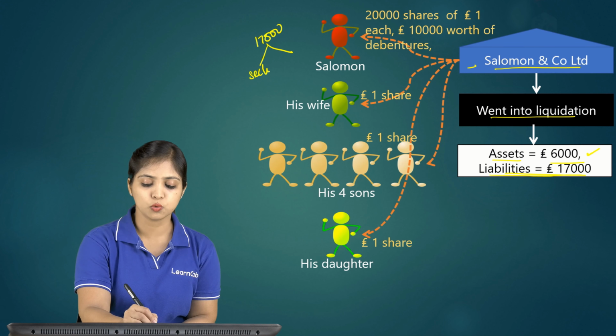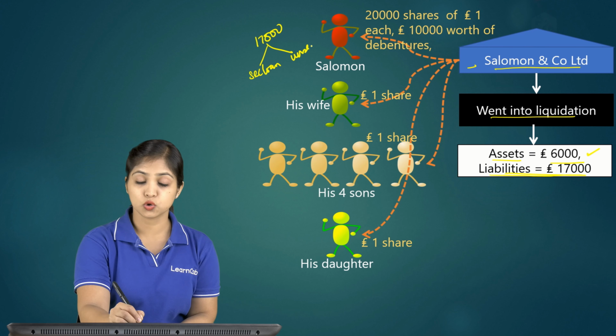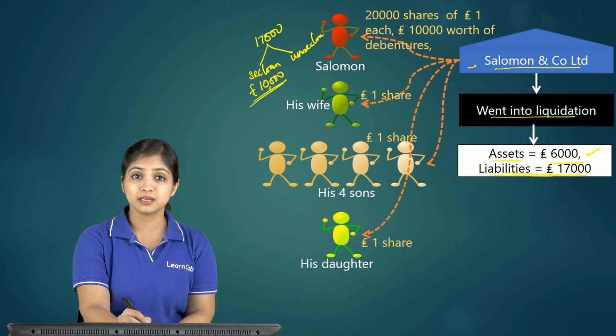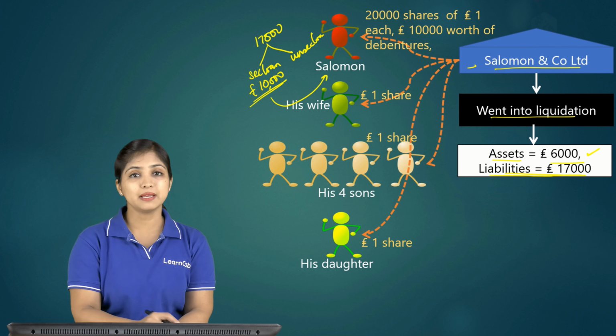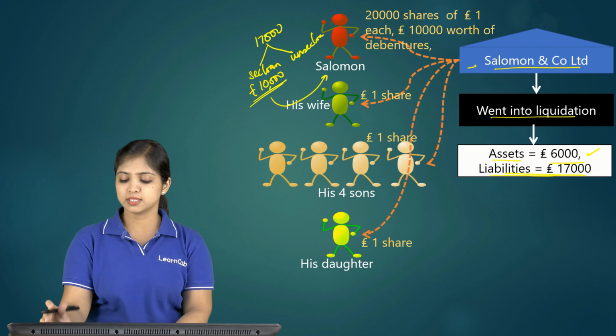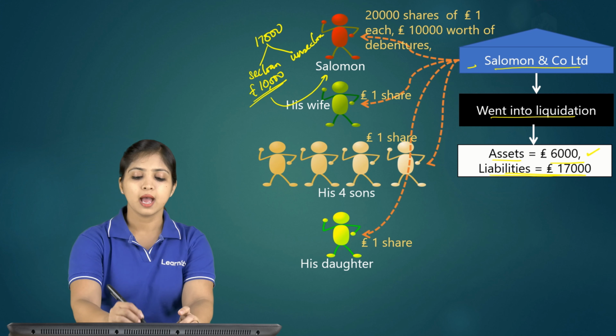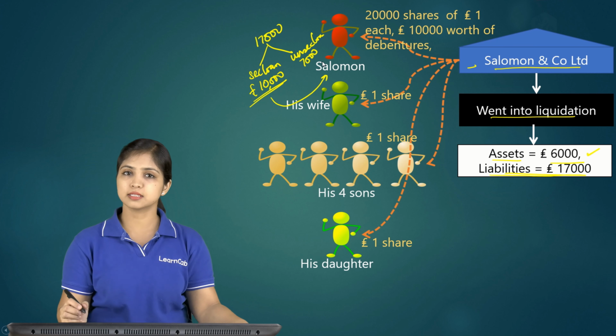One was secured loan and the other was unsecured loan. Now the secured loan was worth £10,000, and this was nothing but debentures which were subscribed by Salomon. Alright, so the 17,000 liabilities includes £10,000 worth secured loan, and the balance 7,000 were unsecured creditors.